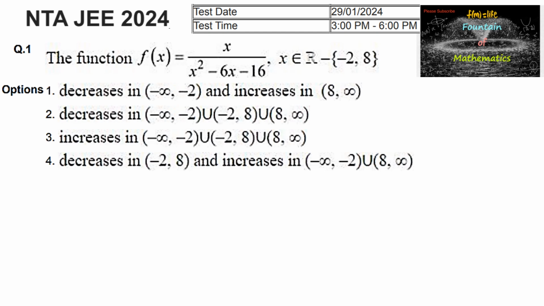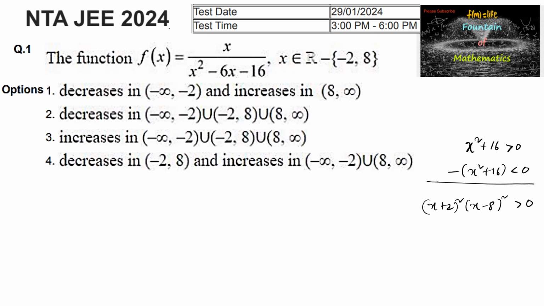So x square plus 16 is always positive, and negative of x square plus 16 is negative, and the denominator x plus 2 whole square into x minus 8 whole square is always greater than 0, and x square plus 16 is an irreducible factor, we cannot factorize it further.